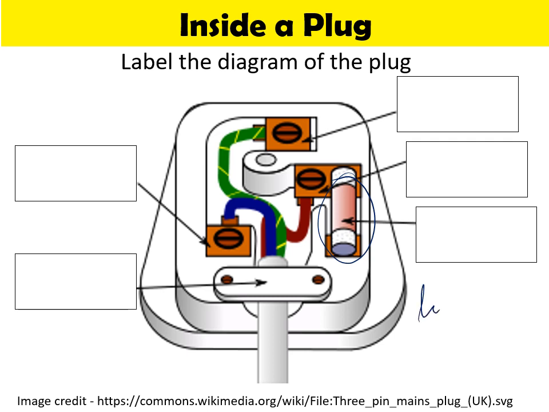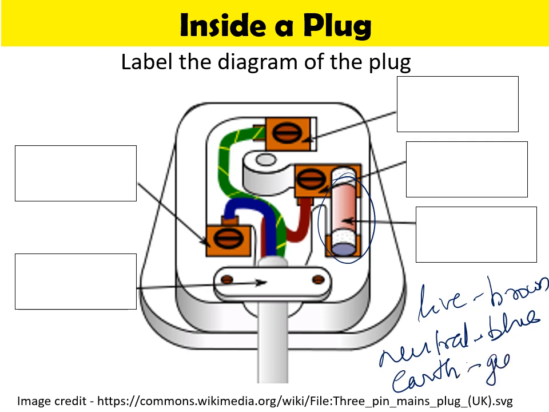So live wire is brown in color. Neutral wire is blue in color. And earth wire is the greenish yellow one. So our three wires are live, neutral and earth. So live is brown in color, neutral is blue in color, and earth wire usually is green with yellow stripes.